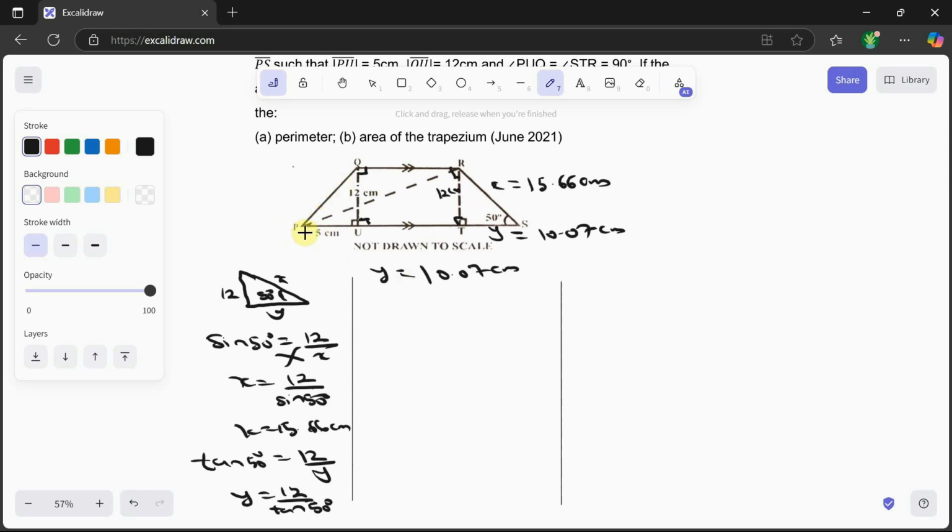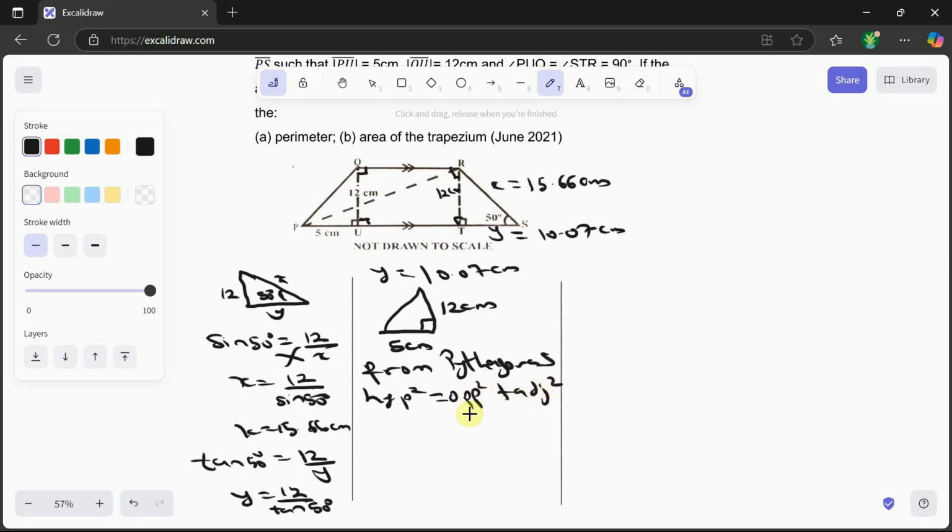So we could say, let me just build this out from this triangle. Don't mind my triangle. We know this angle here is a right angle. This is 12 centimeters, this is 5 centimeters, and because it's a right angle triangle we can use Pythagoras. So from Pythagoras, the hypotenuse squared is equal to the opposite squared plus the adjacent squared.